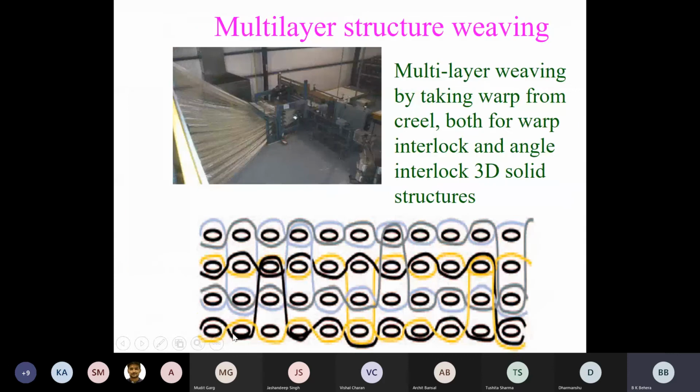Whereas in angle interlock, the yarns can go at a certain angle, but not necessarily do they have to go from one surface to the other surface of the thickness. They change their path in between. Look, this yarn is coming here, here, here, and it is not going to the other top surface.